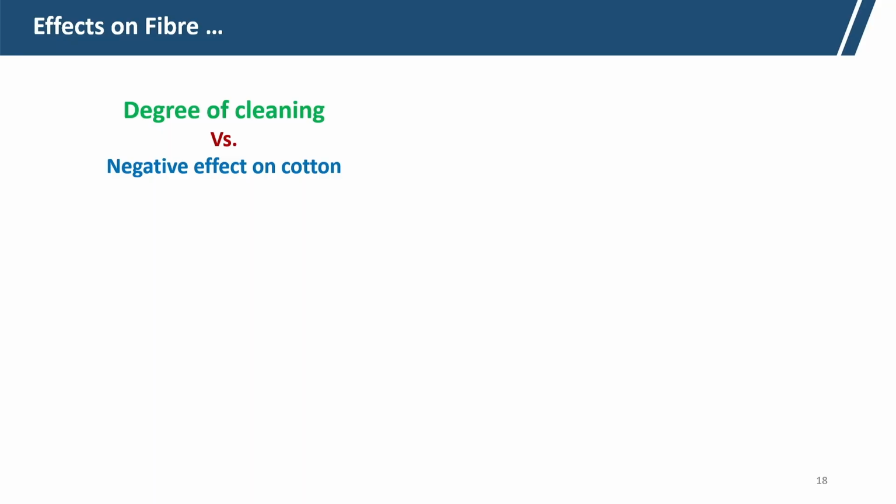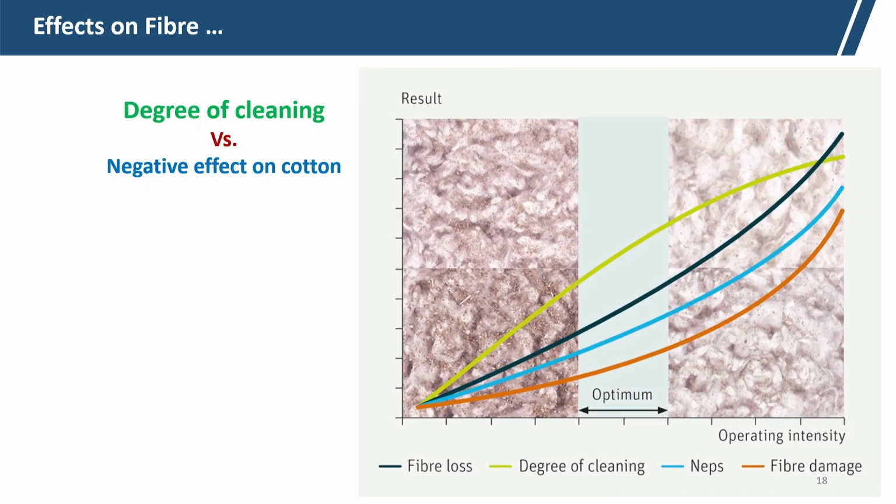So, degree of cleaning versus negative effect on cotton. You can see the diagram here. This yellow line shows the degree of cleaning. As we try to increase the degree of cleaning, it is at the cost of fiber loss.